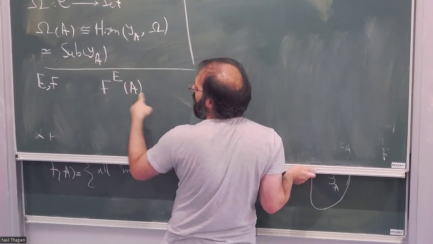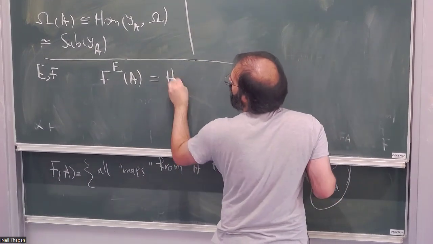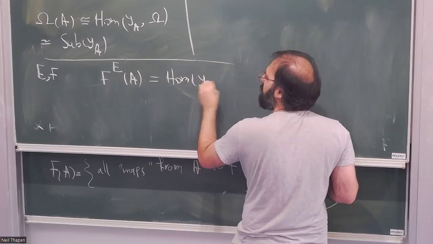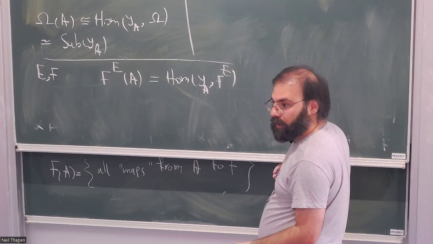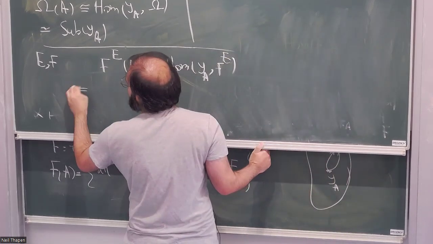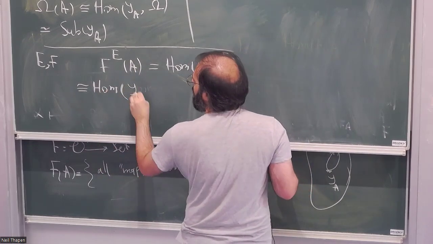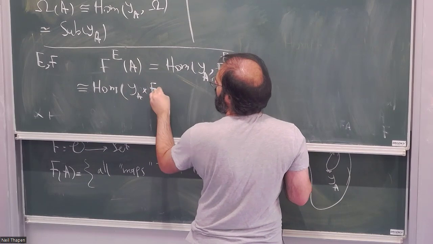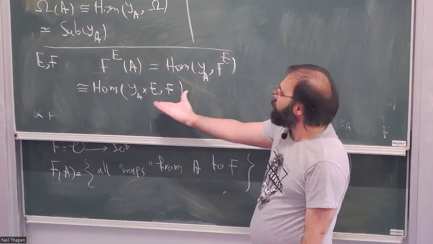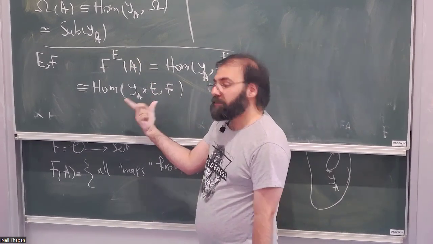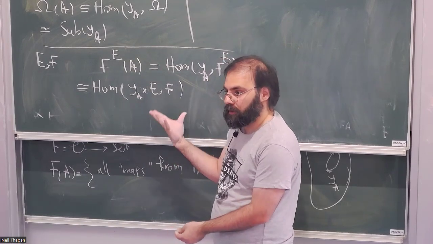I have to define it over some A. I don't know what it is, but I have to define it over A. And then the Yoneda lemma simply says that it is Hom of Yoneda A, F to E. And since it is exponentiation, it should have this property. So I'm forced to pick this as the definition. It may work, and it actually works, but I'm forced to pick this.